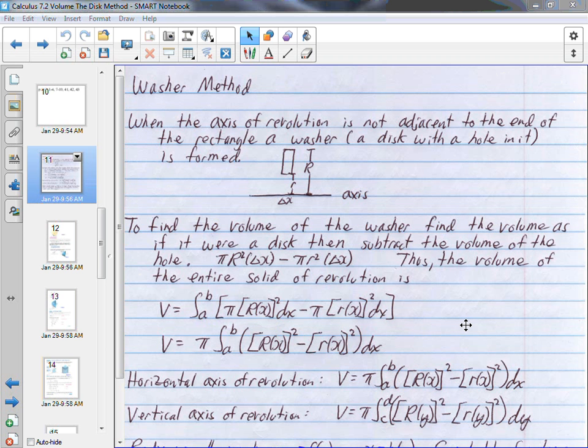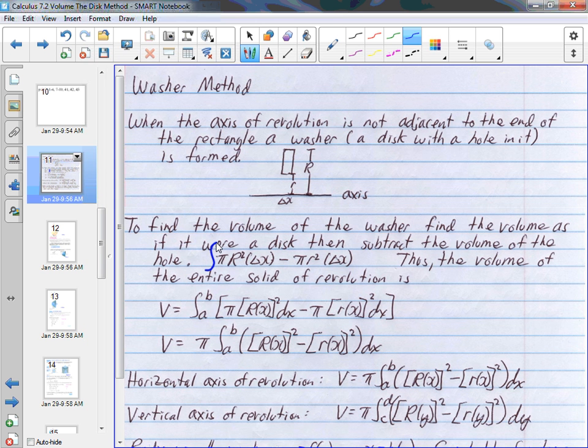Now, you know how integrals work. Instead of taking the integral of that one minus the integral of that one, can't we combine that into one integral? So we can make it the integral of pi outer radius squared dx minus pi inner radius squared dx.